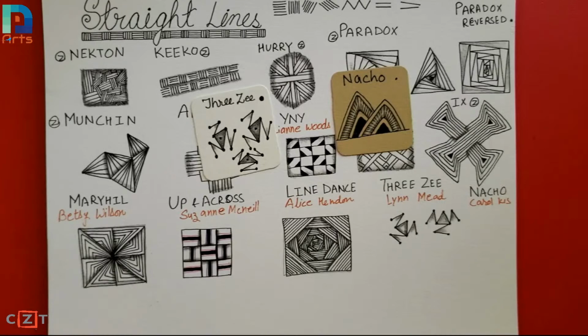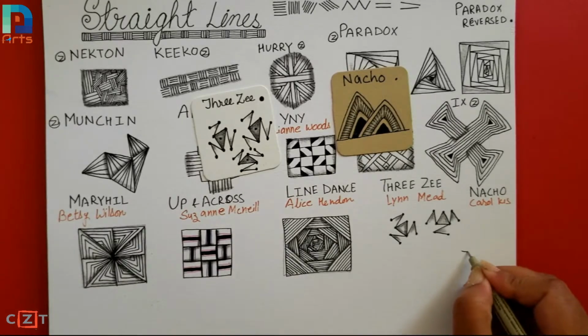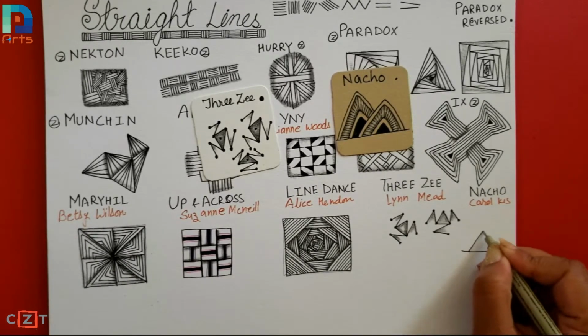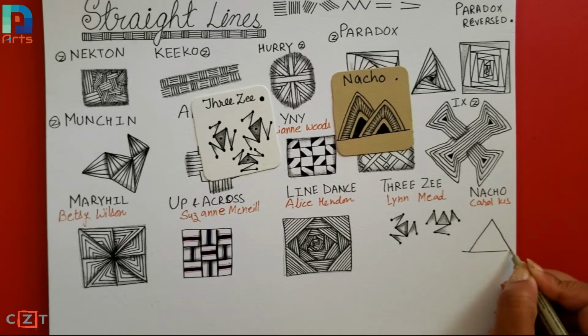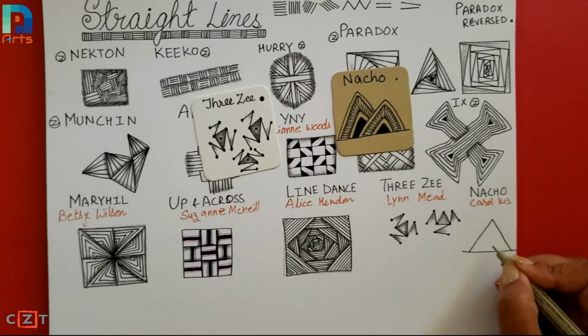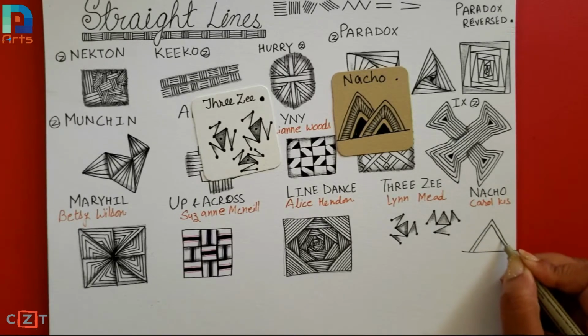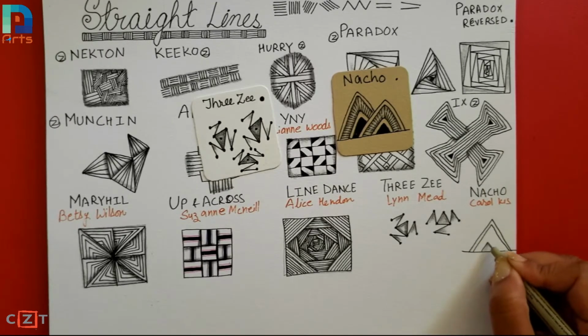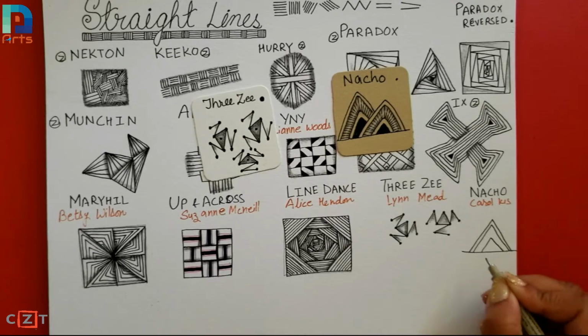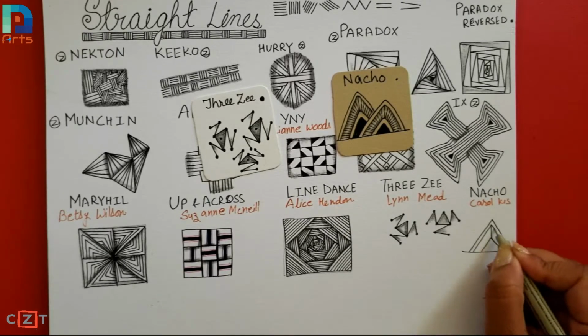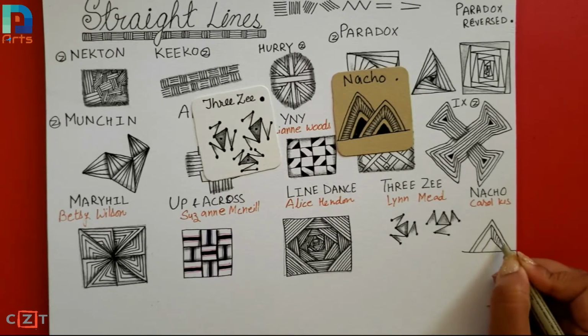And how it goes is that you draw a kind of triangular shape and then the aura line inside, the wider aura line, where you again draw straight lines.